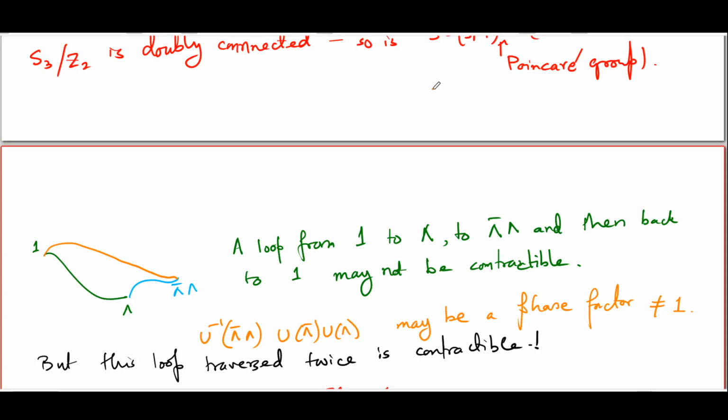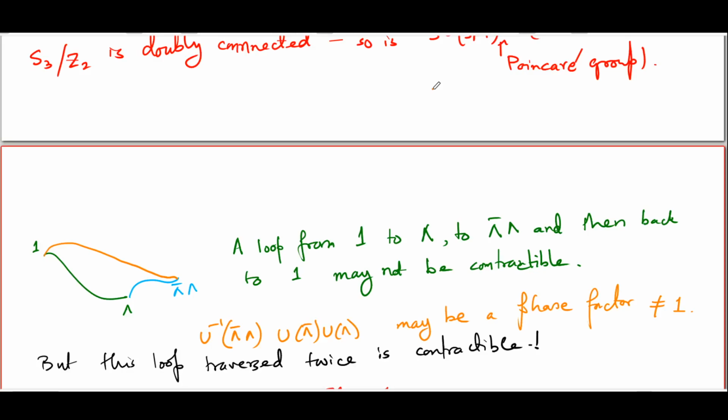In particular, U inverse lambda bar lambda, U lambda bar U lambda may end up being a phase factor which is not equal to 1. Of course, it can be equal to 1, but it is possible that it can be a phase factor which is not equal to 1. But if you traverse this loop twice, then the resulting loop is contractible, can be shrunk down to a point.